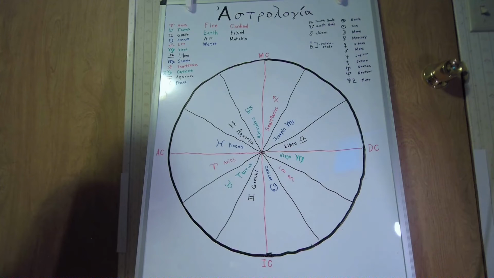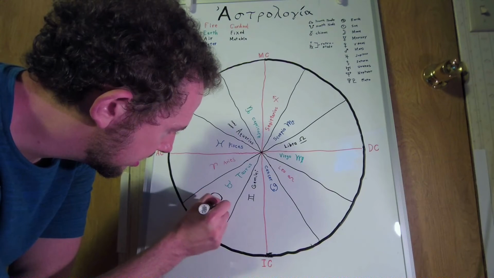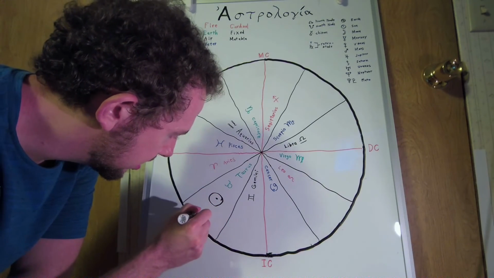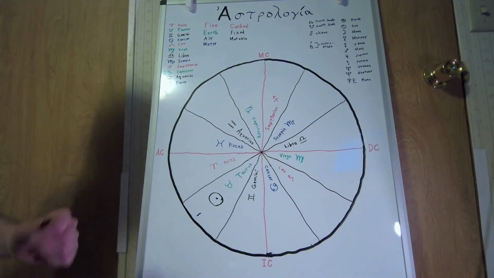So, let's do an example. Let's do a Taurus sun. And let's do a Sagittarius moon.